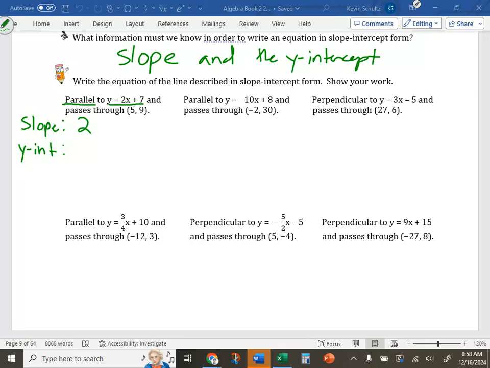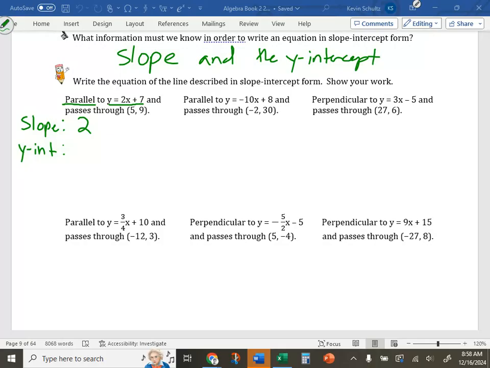So yes, the 7 is the y-intercept of the line I'm giving you, but the equation of the line that you're writing won't have a y-intercept of 7, otherwise it'd be the exact same. Is it 9? Why do you say 9? Because 9 is the y value for 5. That would work if the x value was 0.